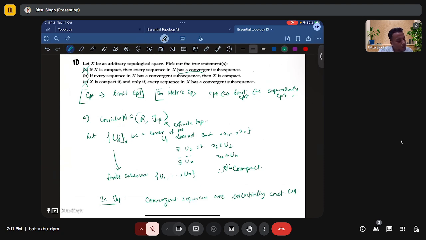If every sequence in X has a convergent subsequence, then X is compact. B is also not true. Why?